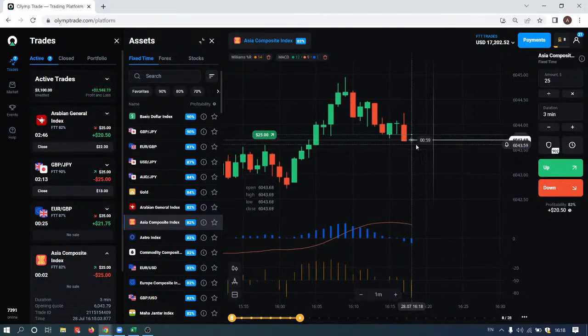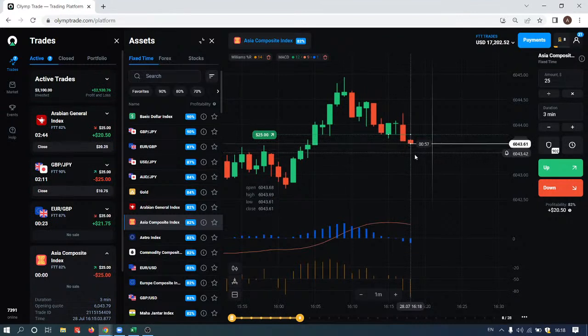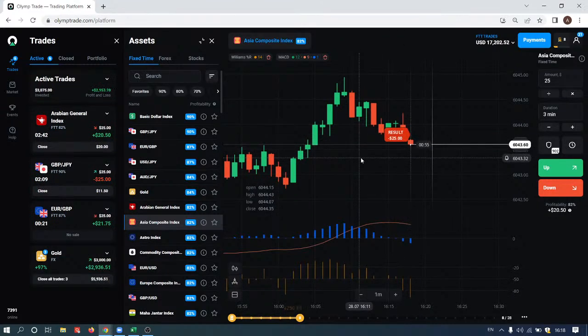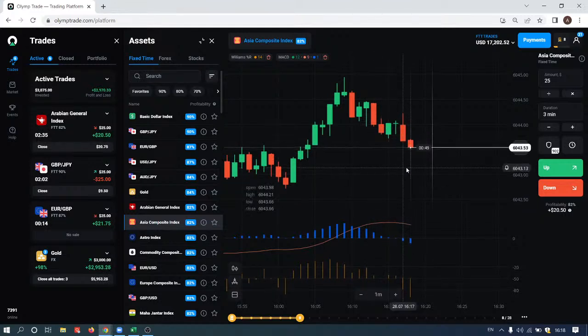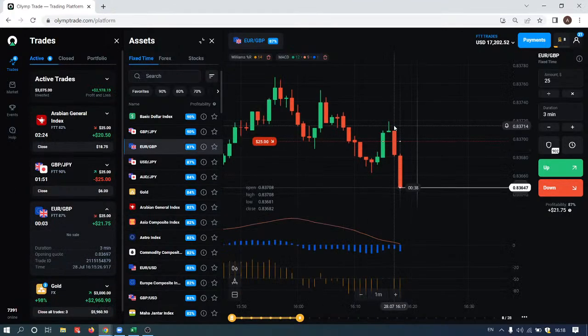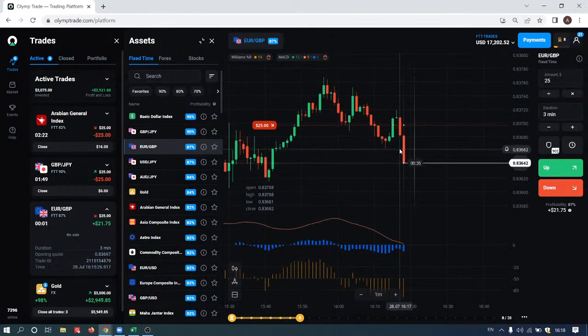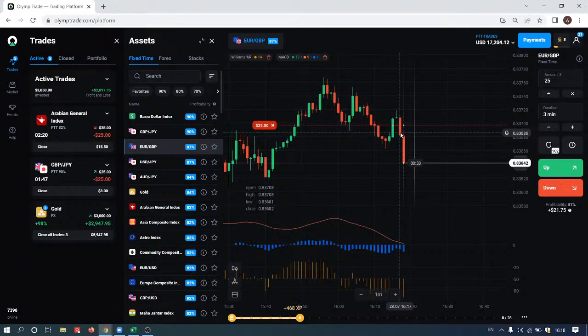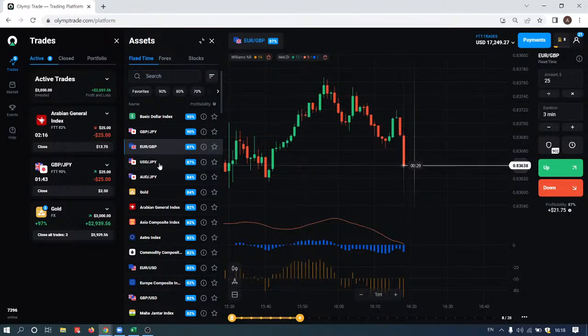Now, it's just the last 2 seconds, and as you can see, both indicators are telling us that yes, the momentum and the sentiment on this asset has changed. So these last 2 minutes are now looking down. Wow, that's going to be a profitable trade here on the Euro GBP.